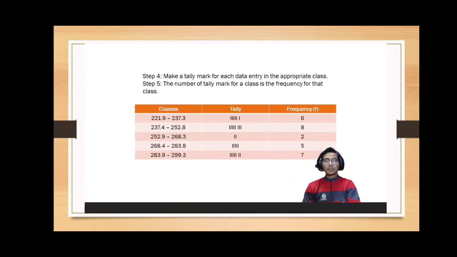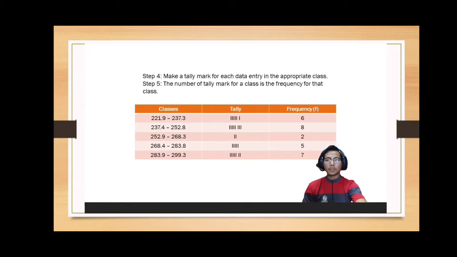The next, step 4. Make a tally mark for each data entry in the appropriate class. Step 5. The number of tally marks for a class is the frequency for that class. As you can see, there is the table that I already provided. There are 3 columns, which are classes, tally, and frequency.